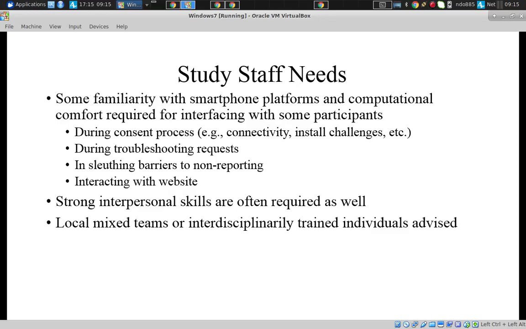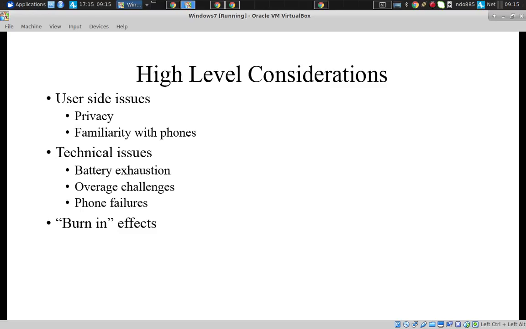But the point is that you can readily oversee this without formal training. Strong interpersonal skills are certainly desirable for managing it. And I think with mixed teams of individuals from different backgrounds, it's desirable to have someone on call who's an IT person who maybe knows something about a technical issue you can't figure out or what have you.